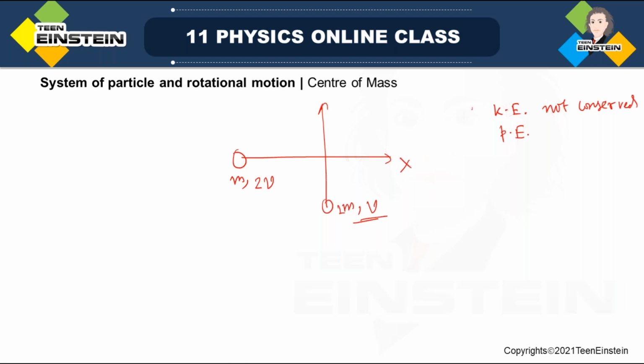Potential energy is not conserved either, but total energy will be conserved, which we can use if we know. Another point is that linear momentum is always conserved for any type of collision.